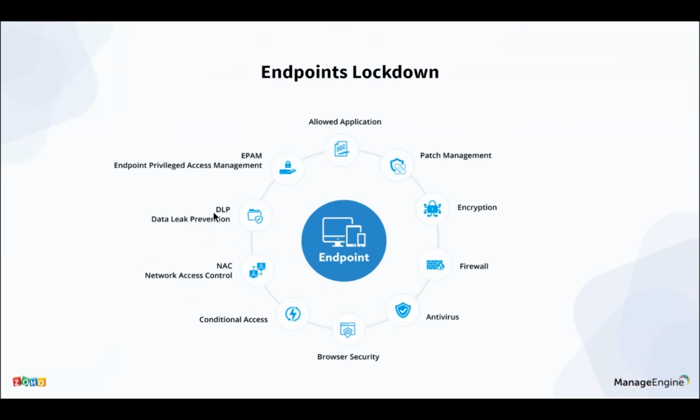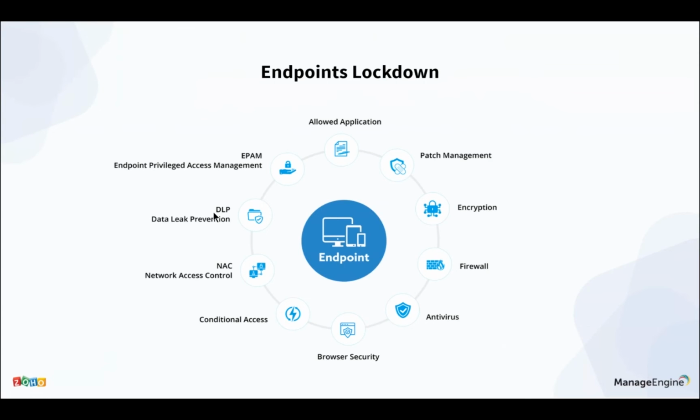So the first one I want to go about in this circle. We have framed it so that if I have to go for CIS compliance, then I have to put my endpoints on a lockdown with all the security measures in place, just like how you locked yourself down during COVID time to protect yourself from COVID.